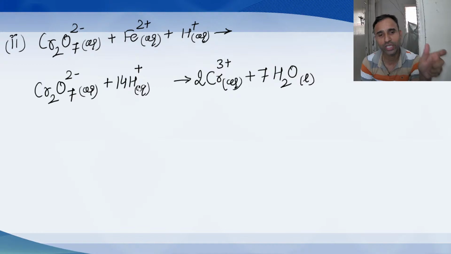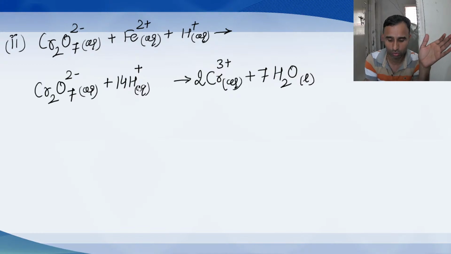So on the left side the total net positive charge is 12. On the right side the net positive charge is 6. So we have to add 6 electrons to balance the charge.